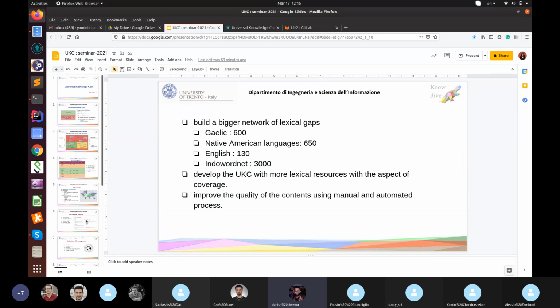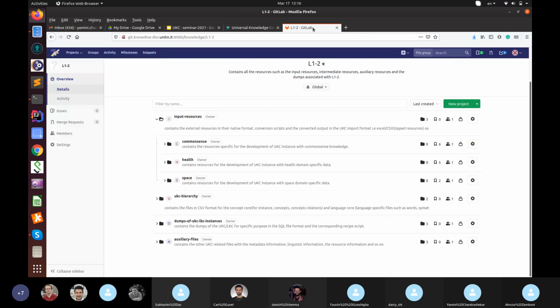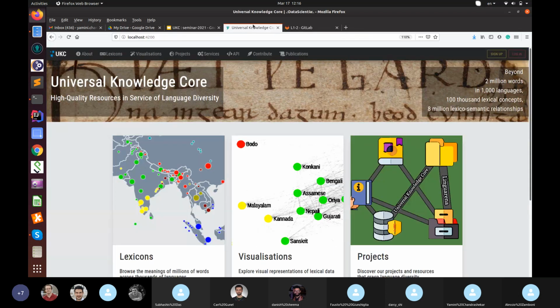I'm just curious about the domain language that you mentioned just now. Do you have any plan for services related to domain knowledge, domain languages, that you are thinking to offer on the UKC website? I don't think there will be any domain specific component in the UKC website. As of now, there is no such idea of having that in the UKC website.